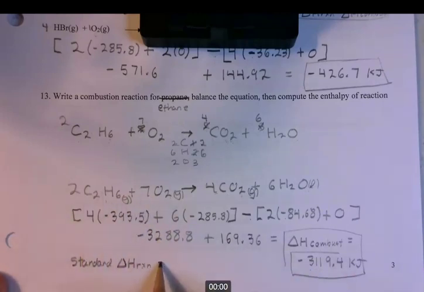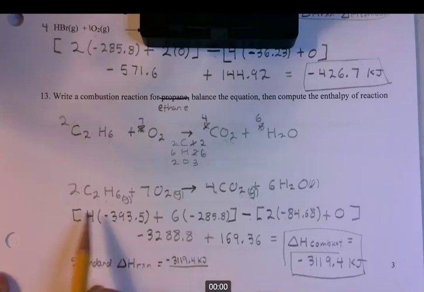So what we found is we had negative 3,119.4 kilojoules in 2 moles of C2H6.